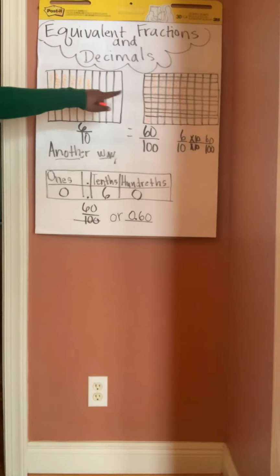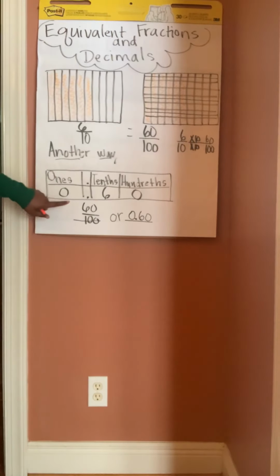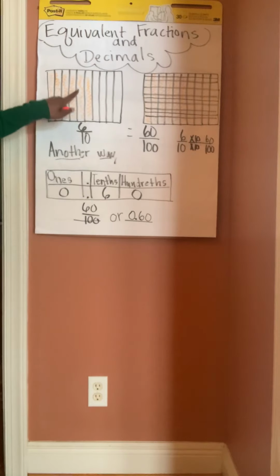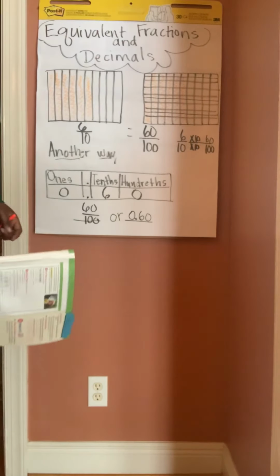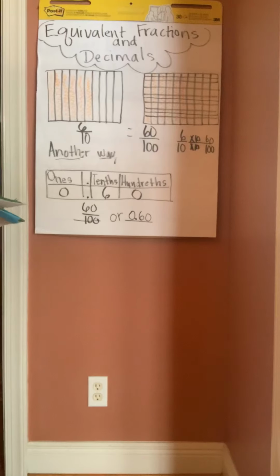We can see it in our place value chart, we can see it on the model, and we know that 6/10 is like 6 dimes, which is 60 cents out of 100 cents. Okay, so that is page 351. And where it says explain, you can say there are 10 hundredths in 1/10.